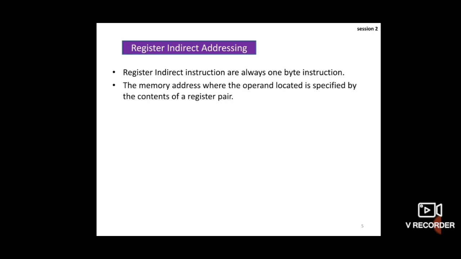You know how many register pairs are in the 8085 microprocessor? 3 register pairs are there: BC, DE and HL. But HL also indicates the memory pointer. The HL register pair is also used as the memory pointer. Always remember this. So in register indirect, the memory address where the operand, either data or address, is located is specified by the content of a register pair.